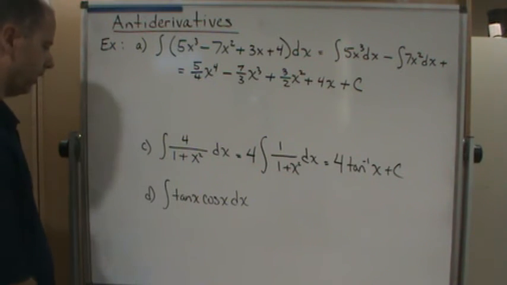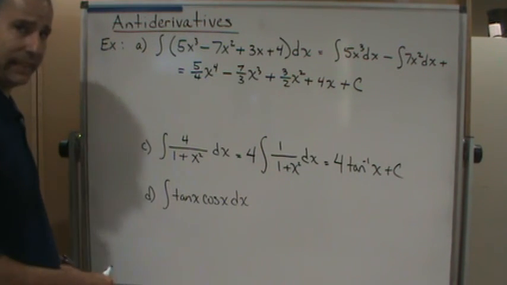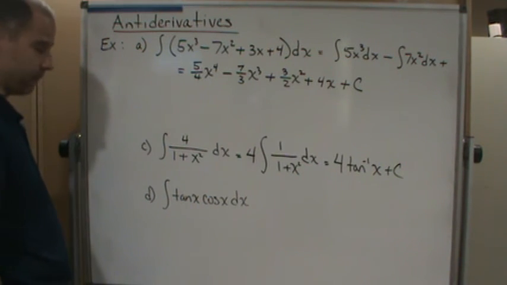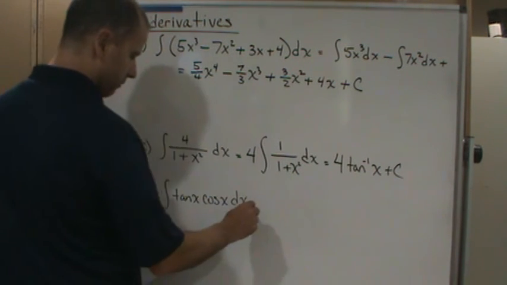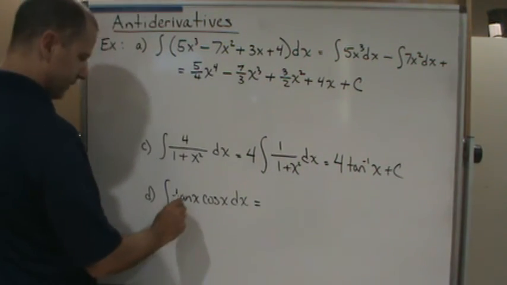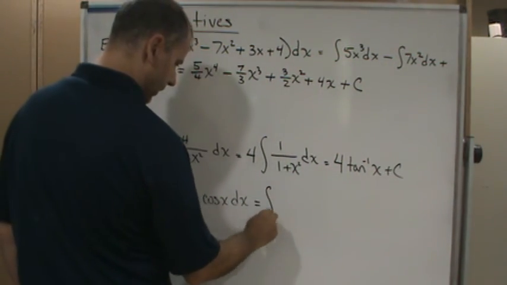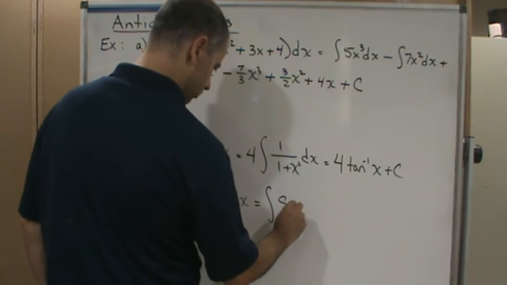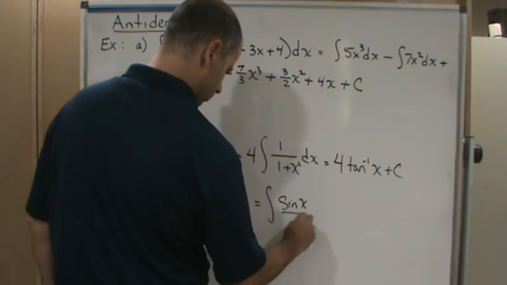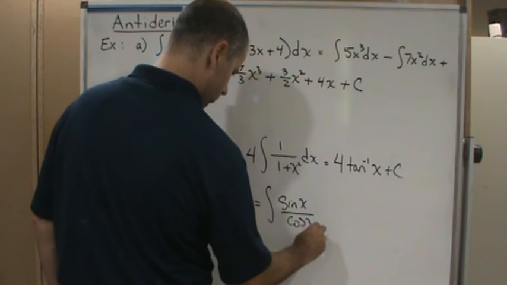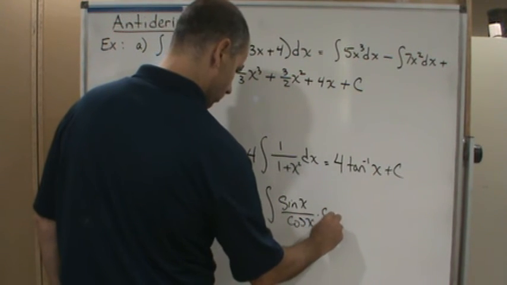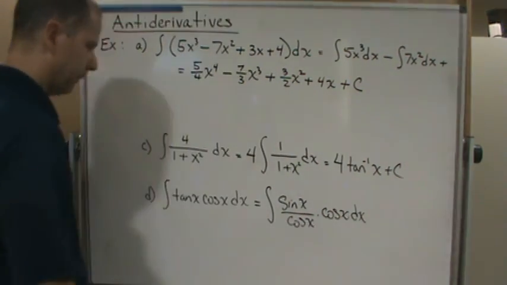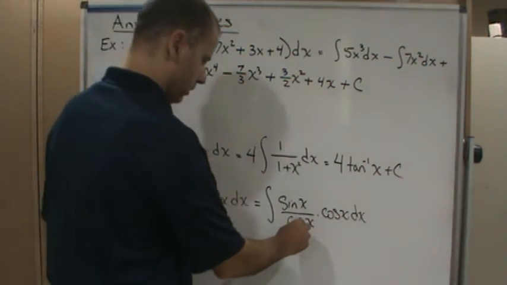Okay, now this one here actually looks complicated, but it's really easy, because all I'm going to do is use the definition of these trig functions to simplify this, right? So I'm going to write tangent as sine over cosine. Okay? And now look.